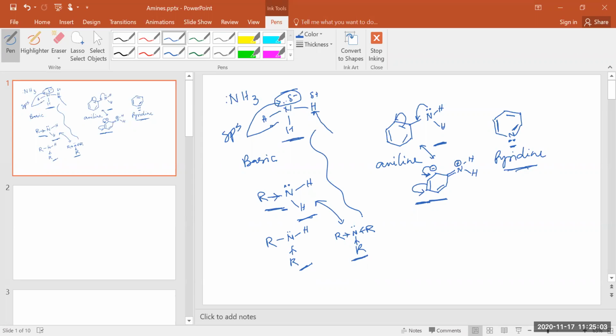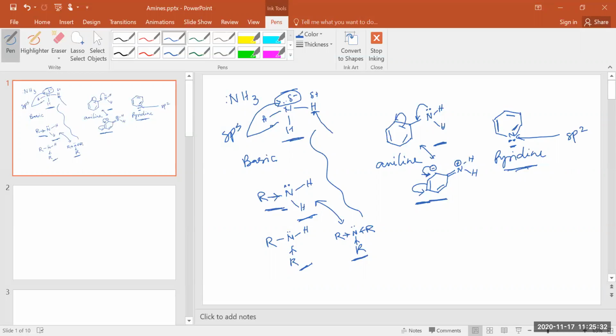Why? Because here the nitrogen is sp2 hybridized, because of the double bond. sp2 hybridized means higher s character. Higher s character means the electrons are closer to the nucleus, so that holds the lone pair more tightly. That makes this one less basic.